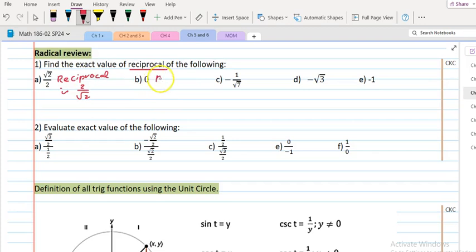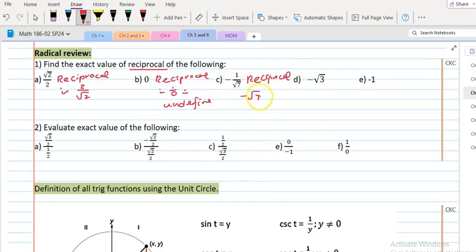What is the reciprocal of 0? So the reciprocal, 1 over 0, is undefined. We don't divide by 0. What about the reciprocal of negative 1 over root 7?